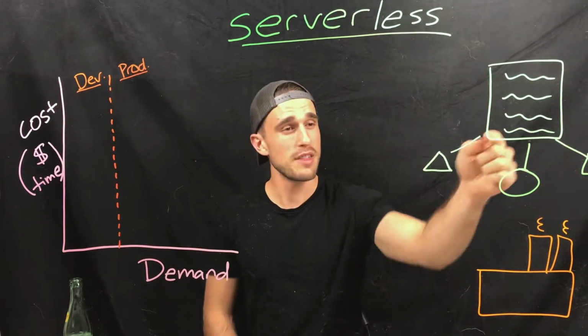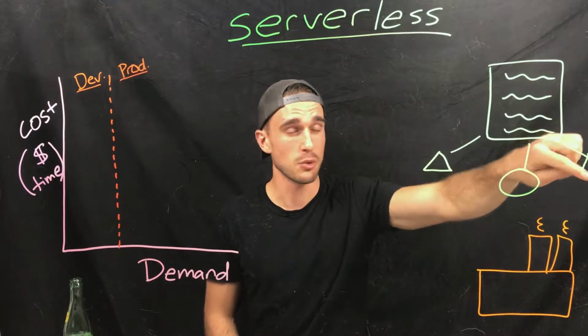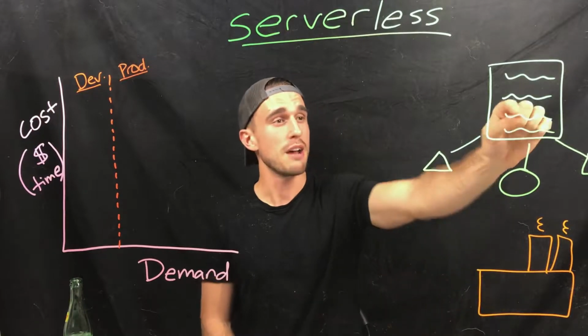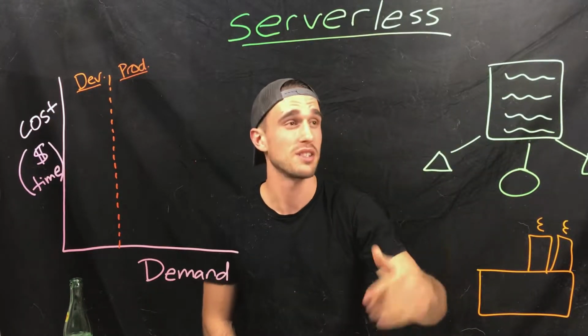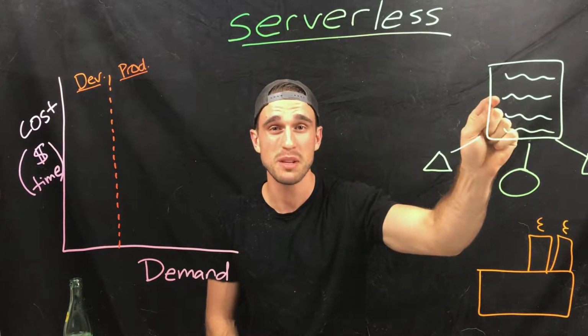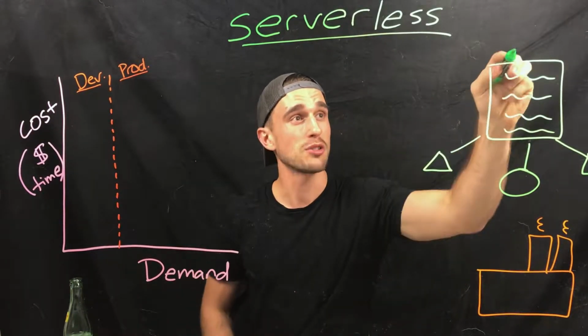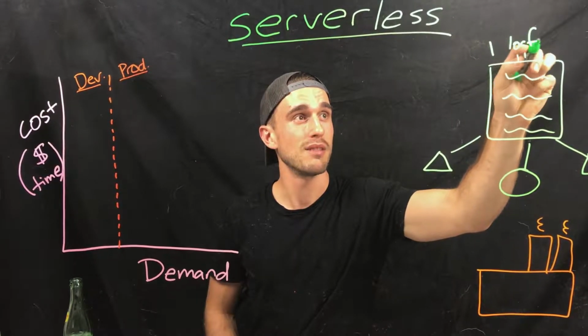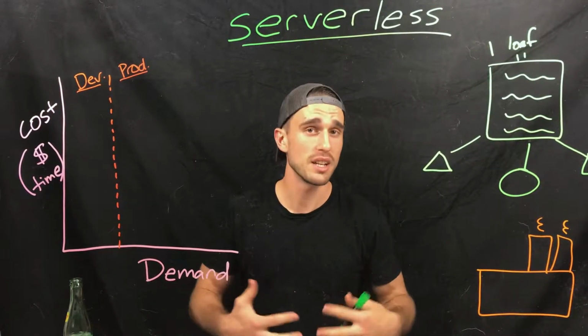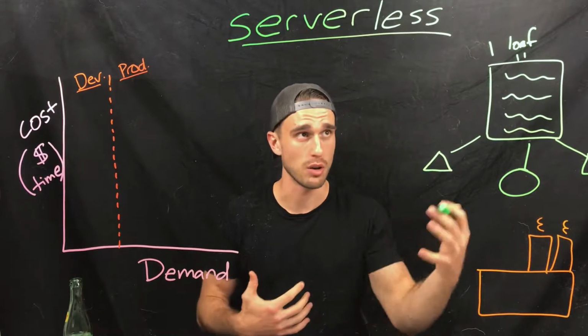Not to mention, if we think of each one of these resources as a different shop, you'd have to go to each one of those shops, source the resources that you need for that specific bread recipe, bring it back, all to make one loaf of bread. And that's it. This is how building conventional websites and applications works.